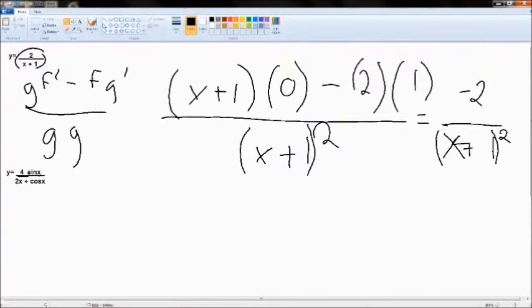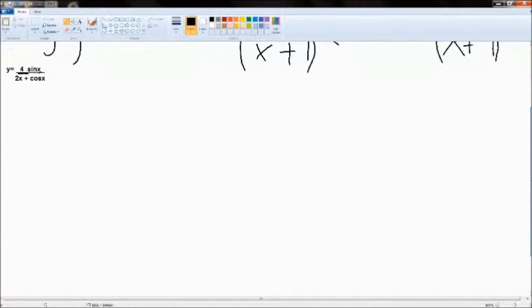Now we're going to move on to a slightly more complicated problem with trig functions. So you have the numerator of 4 sine x over the denominator of 2x plus cosine x.